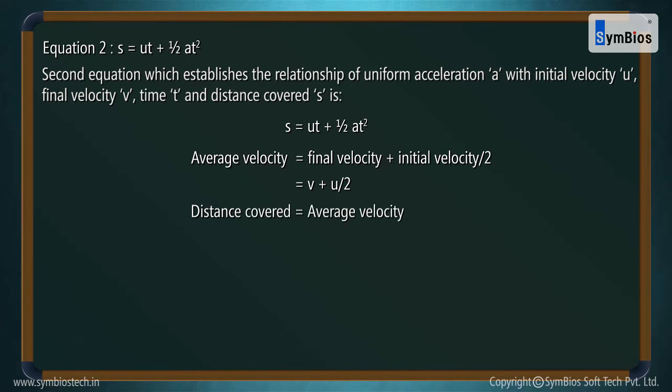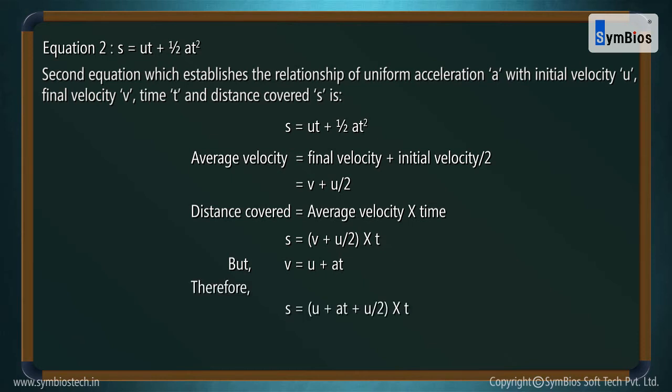Distance covered is equal to average velocity into time. s is equal to v plus u by 2 into t, but v is equal to u plus at. Therefore, s is equal to u plus at plus u by 2 into t, is equal to ut plus half at square.